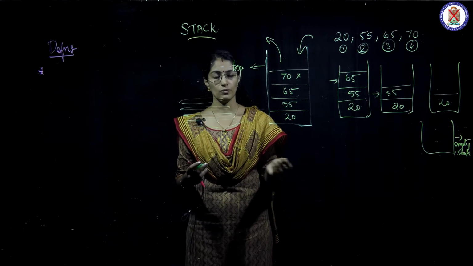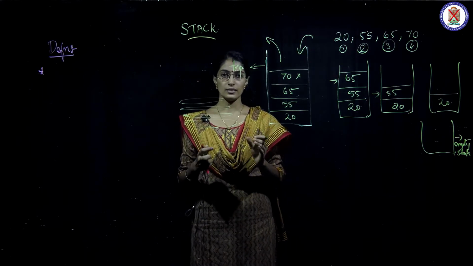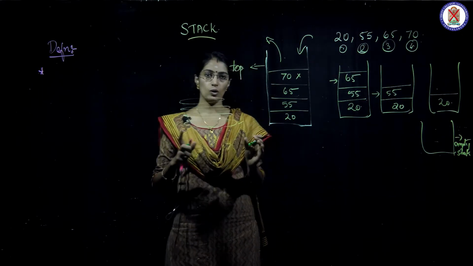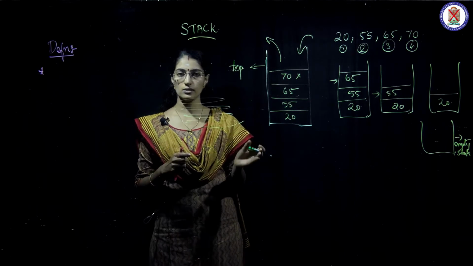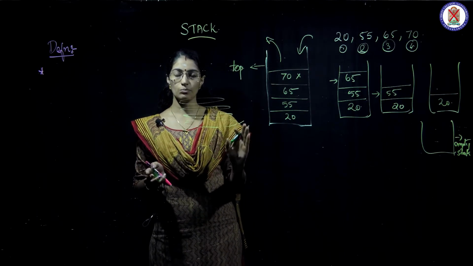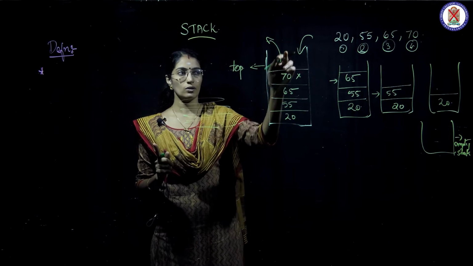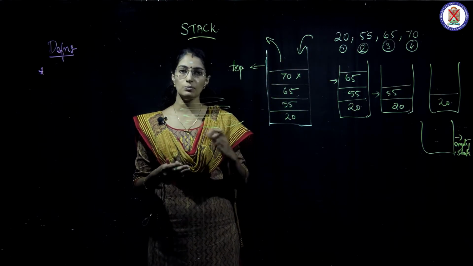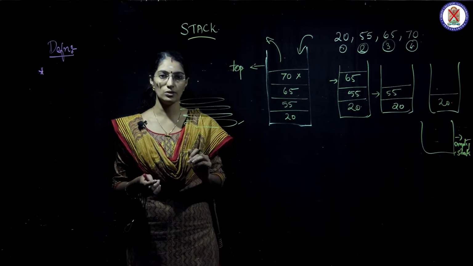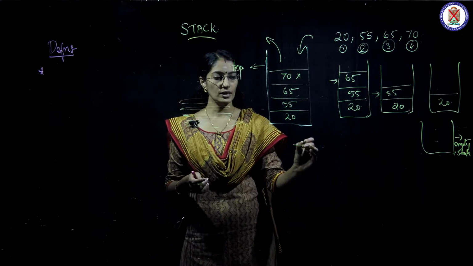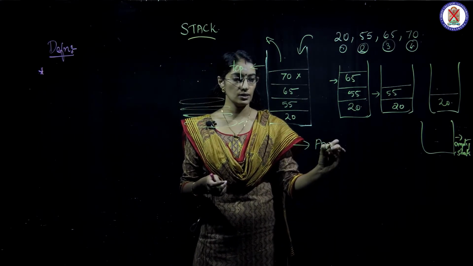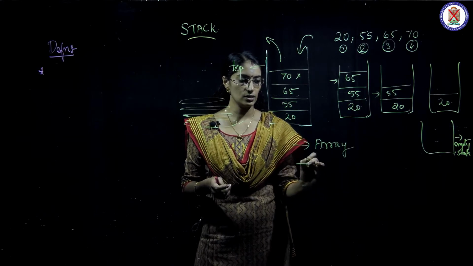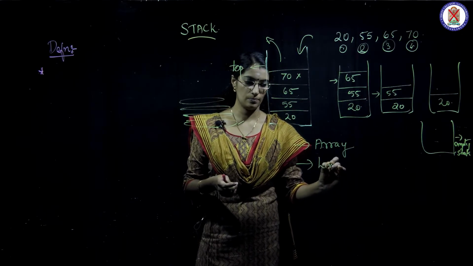right? So what we have seen here is that a stack is a data structure in which operations, either insertion or deletion, can be done only through one point known as the top. When you implement a stack, you mainly implement it using already learned data structures, that is, array and linked list.